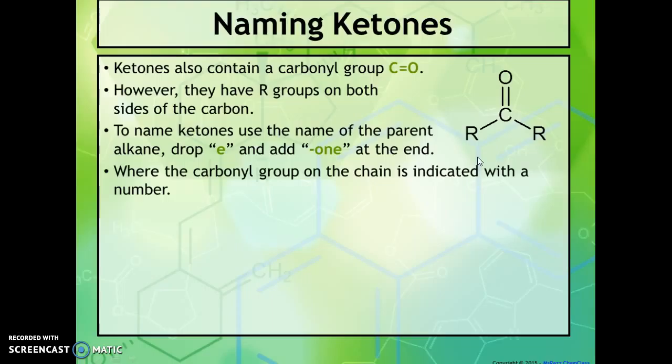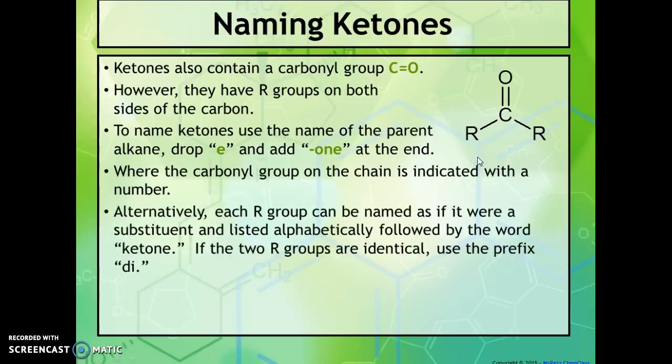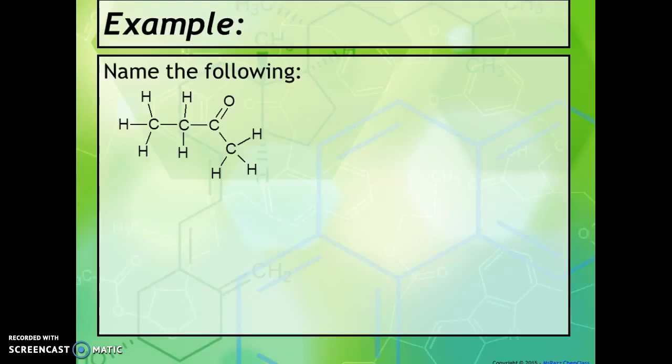So we also have to say where it's indicated, since it can be anywhere. And we could also name each of these R groups as a substituent, followed by the word ketone if we wanted to. So there's always a second way to name it in the organic world, it seems like, and that has a second option.